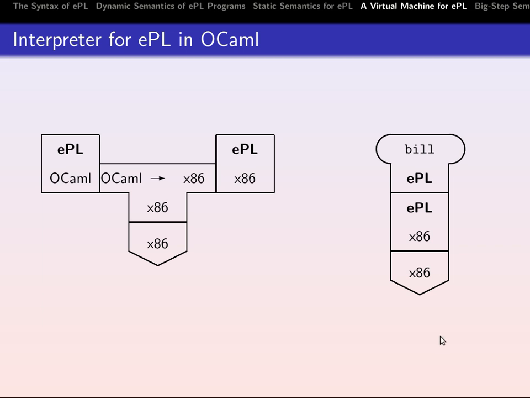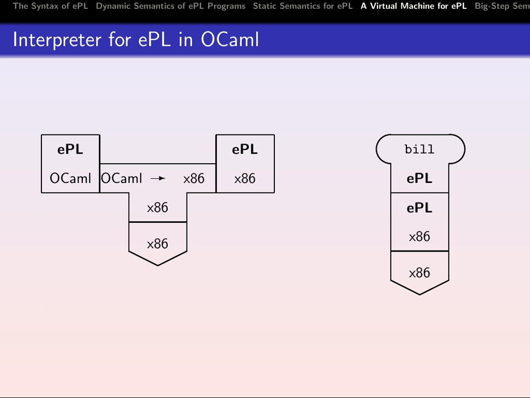So from OCaml we produce x86 binary, right? But that compiler runs on top of x86, so it's made of x86. It's an x86 binary itself. And then this executes on top of hardware, and the result is that the EPL gets executed as an x86 binary.